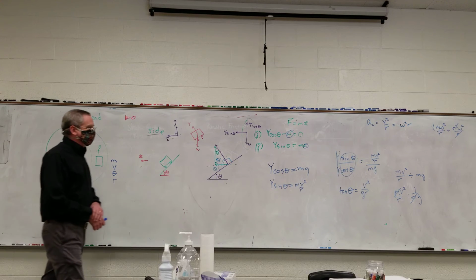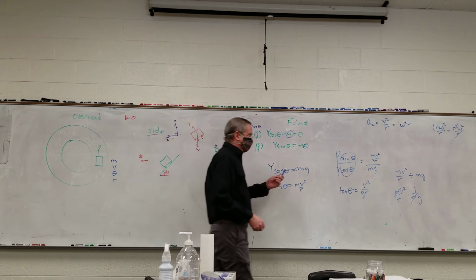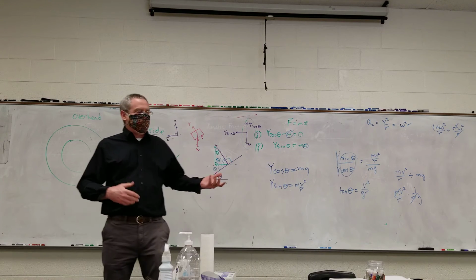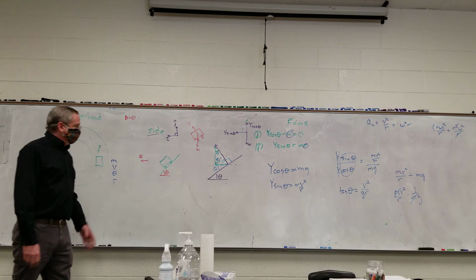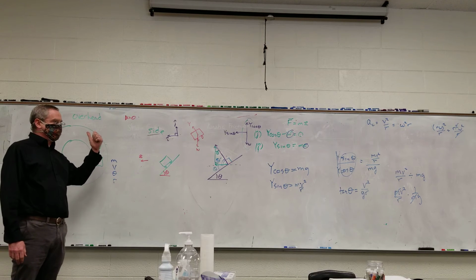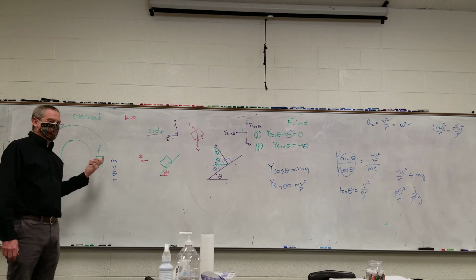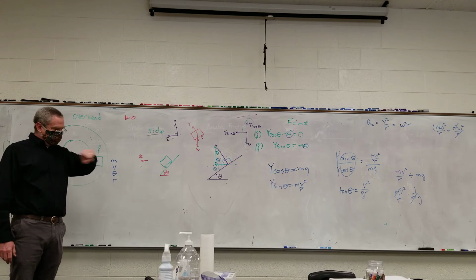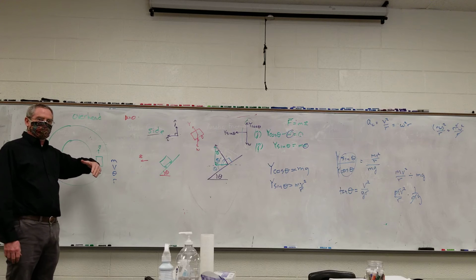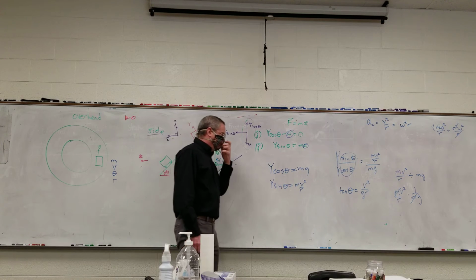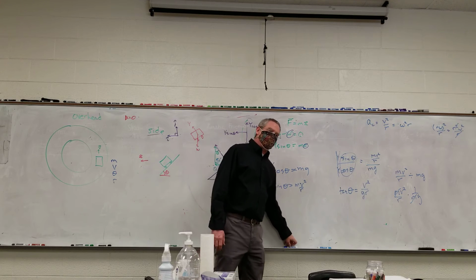Now, I have not really set up a problem here. This is more of a classic exploration of it. At this point, it depends on what I'm giving you, what I'm asking for. I could go, what is the optimum angle? So if the car's going 50 meters per second and the radius of curvature is 100 meters, what's the optimum angle so that cars can make it around the curve without sliding up or down the ramp? So let's do that.